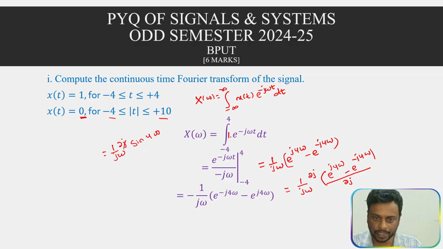Now this j and j cancel out, and we are left with 2 sin 4ω divided by ω.